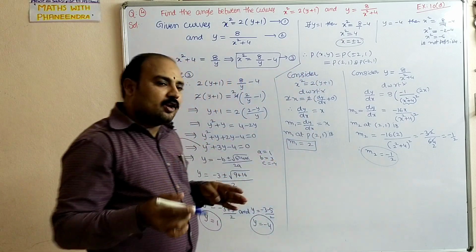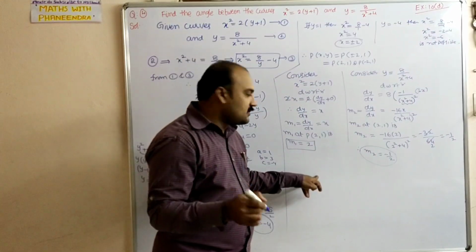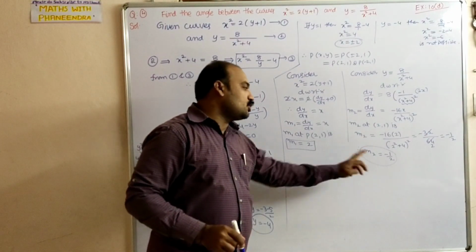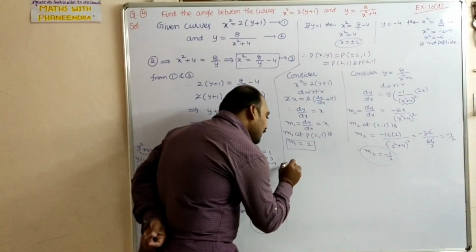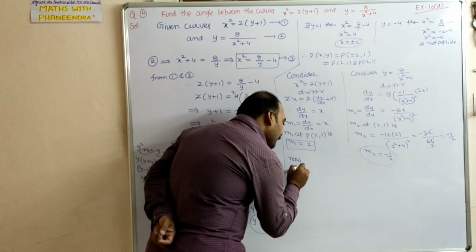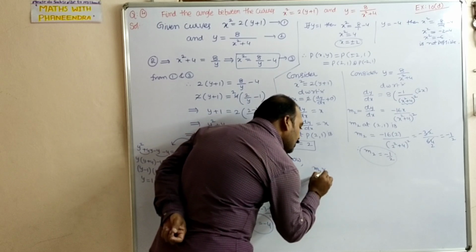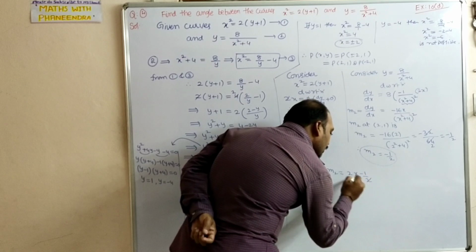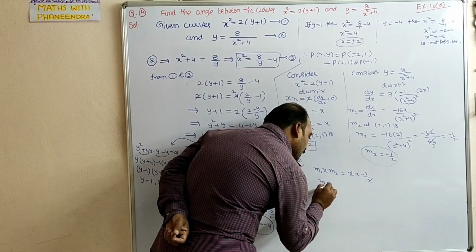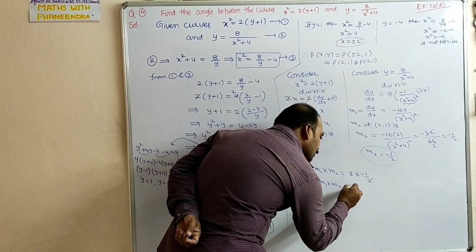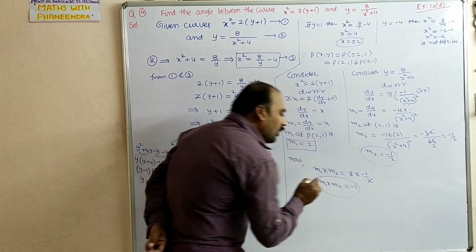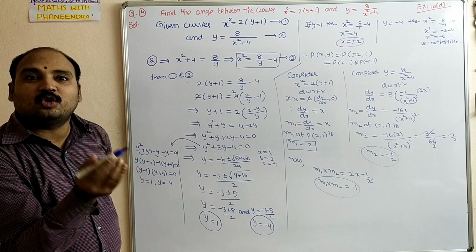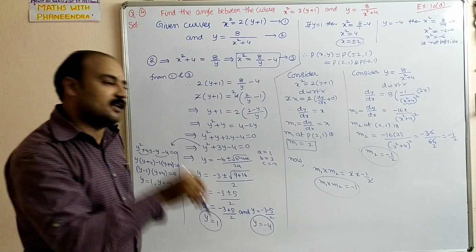By observing, no need to apply the angle formula here. Why? Because by observing the slopes, m1 equal to 2 and m2 equal to -1 by 2. Now m1 into m2, 2 into -1 by 2, 2 get cancelled, m1 into m2 equal to -1. Whenever the product of two slopes equal to -1, then the curves are orthogonal. Orthogonal means the angle between them is a right angle.